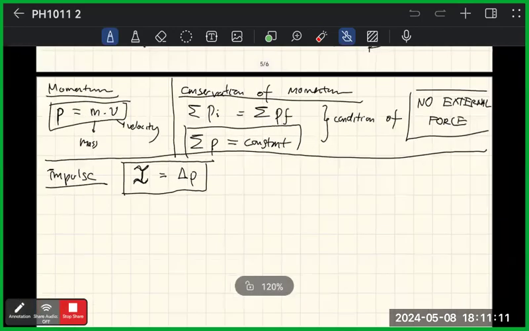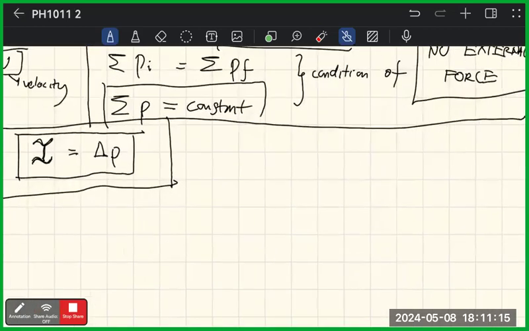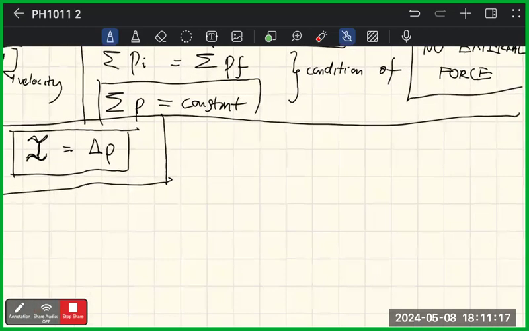Before we go into the questions, I'll have to teach you a little bit about the coefficient of restitution. What is the coefficient of restitution?